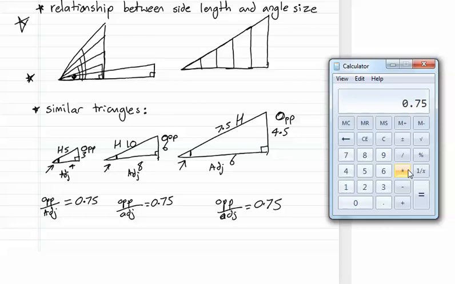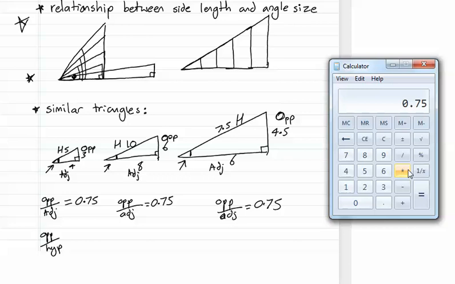We could also do, say, opposite compared to the hypotenuse. Or we could do the adjacent and the hypotenuse. There's 3 pairs of sides. And all the time we'll find that in similar triangles, so they've got the same angles, those ratios of pairs of sides will be the same.